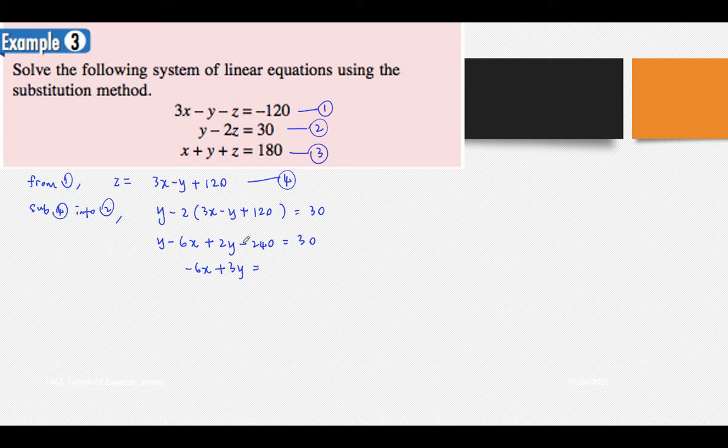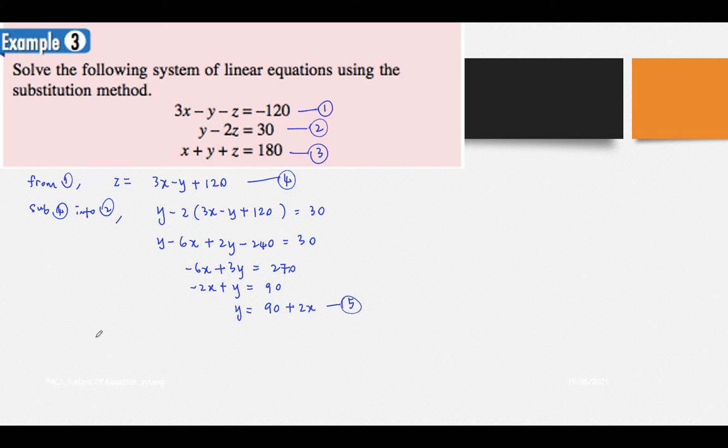Ini negatif 240 pergi sana tambah 270. Lepas tu, ni semua boleh bahagi 3. Lepas bahagi 3, ini dapat negatif 2x. Ini bahagi 3. Ini bahagi 3 dapat 90. So, y sama dengan 90. Ini negatif pergi sana jadi positif. Ini ialah y sahaja. So, ini equation 5.